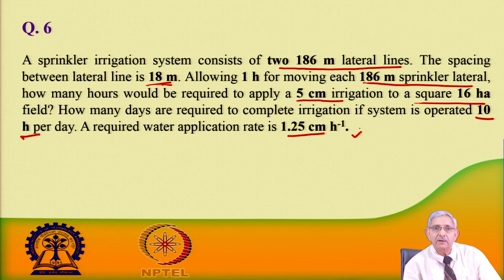1.25 centimeter per hour. So, we have been given two lateral lines of 186 meter long, and the spacing between the laterals is 18 meter. 1 hour is for shifting these laterals, and then we are required to find how much time it will take if 5 centimeter of irrigation is given in the area of 16 hectare. 10 hours is operated per day.